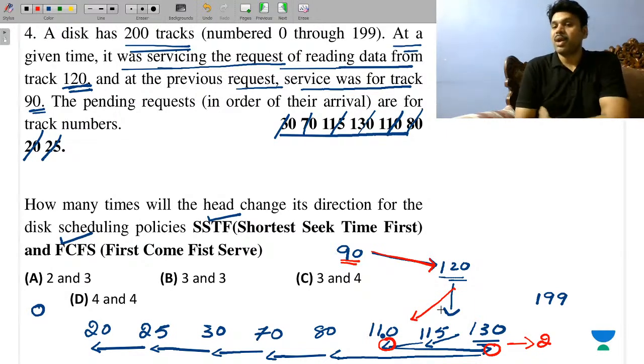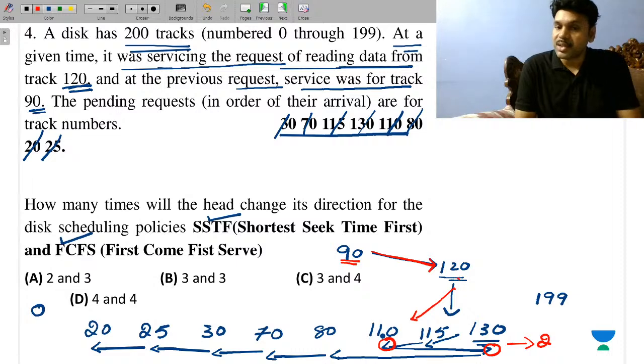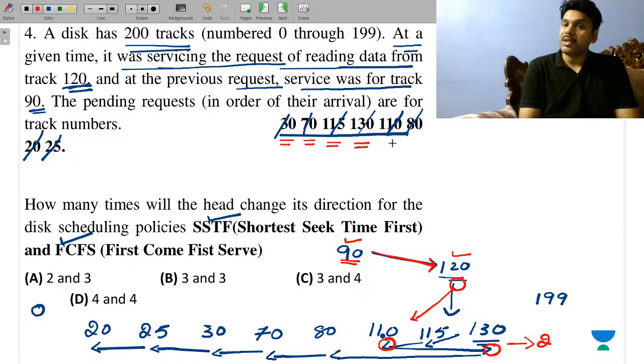This is one of the important things you need to see: if I am using first come first serve, what is going to happen? In the order they have arrived, they get satisfied. First this, then after that this, then immediately 30, then 70, then 115, then 130, then 110, then 80, then 20, 25.